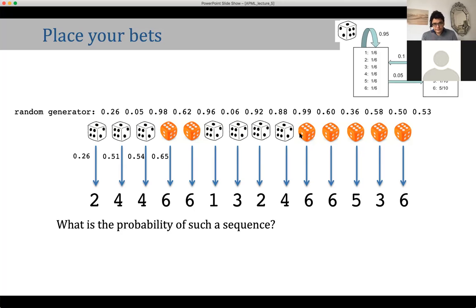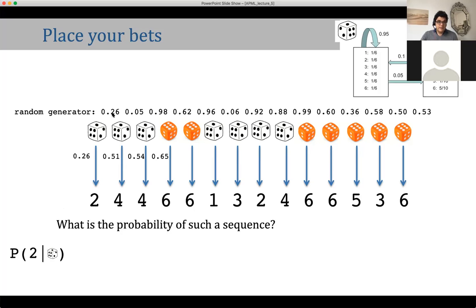Now we can ask ourselves in the same way, how can I compute the probability of such a sequence, given that here I know what are the hidden states? I can just compute here the probability of having a 2, given I have a fair dice. So that's the first one. I know I start with a fair dice, so I have the probability of getting my 2, given the fair dice.